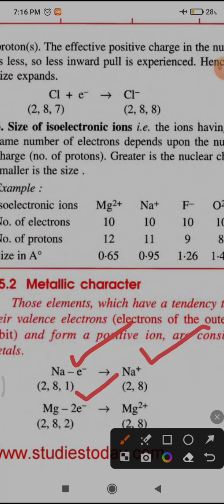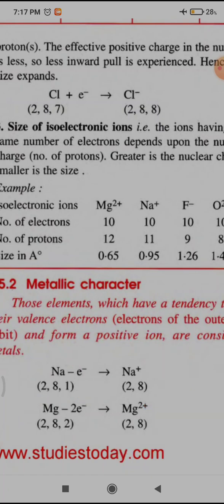Magnesium loses 2 electrons and forms the magnesium cation. Sodium has 1 valence electron and magnesium has 2, and this way they are metals and they show the metallic character.